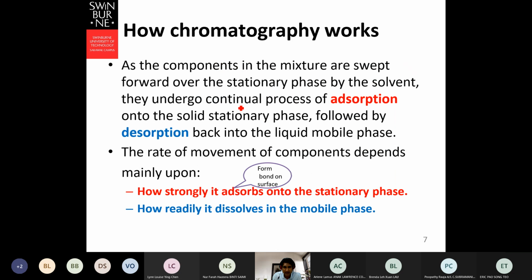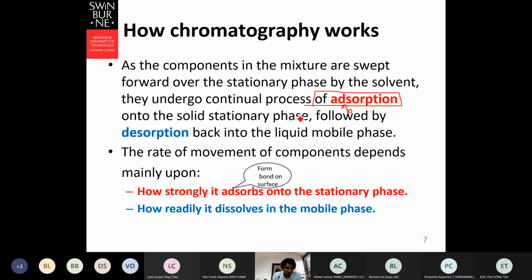Adsorption. Here it is. The process is called adsorption. On the solid surface, the pigments, the purple color we just saw, it is holding on by adsorption. There is another very similar term, only we change D to B, it will be absorption.